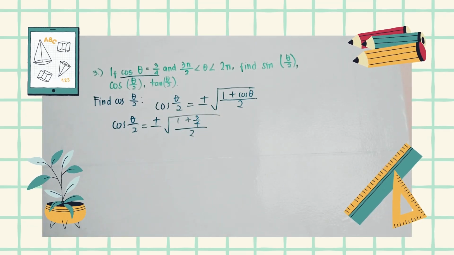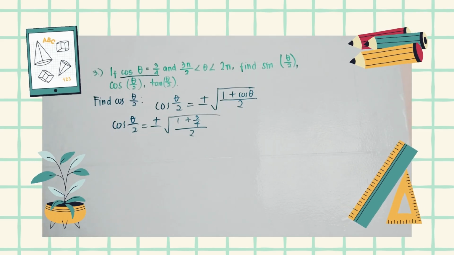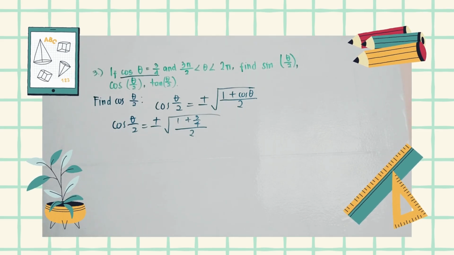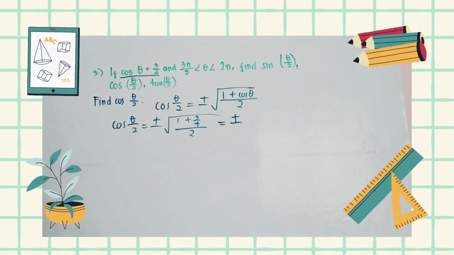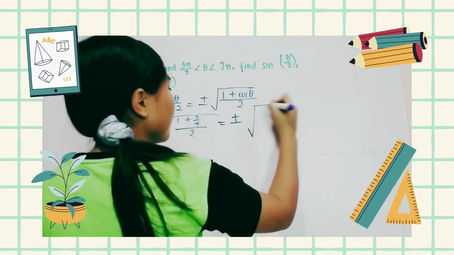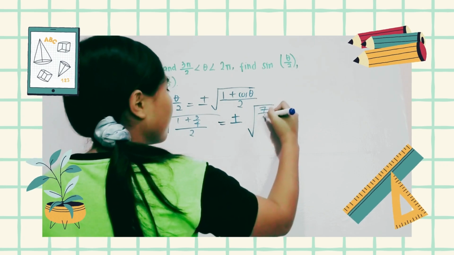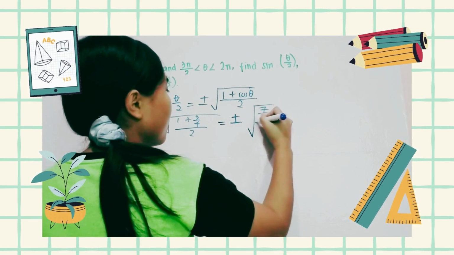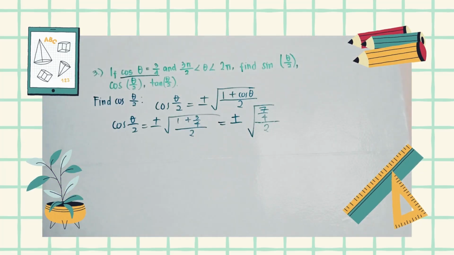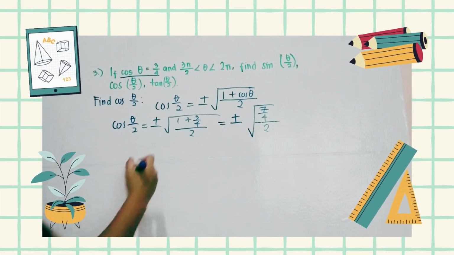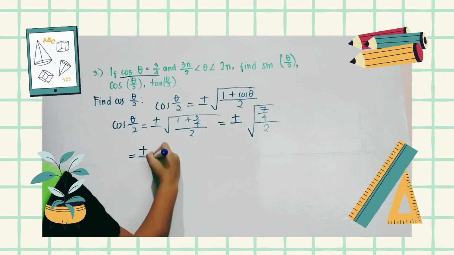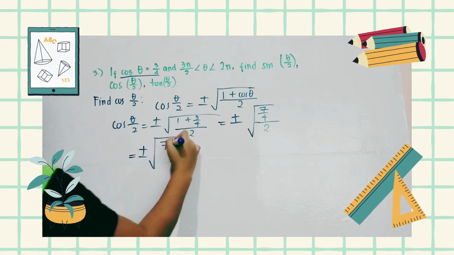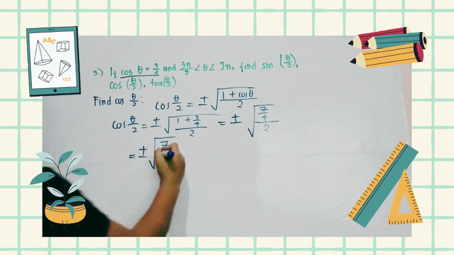Now let us simplify. 1 plus 3/4 over 2 is equal to plus minus the square root of 7/4 over 2, which is also equal to plus minus the square root of 7/8.